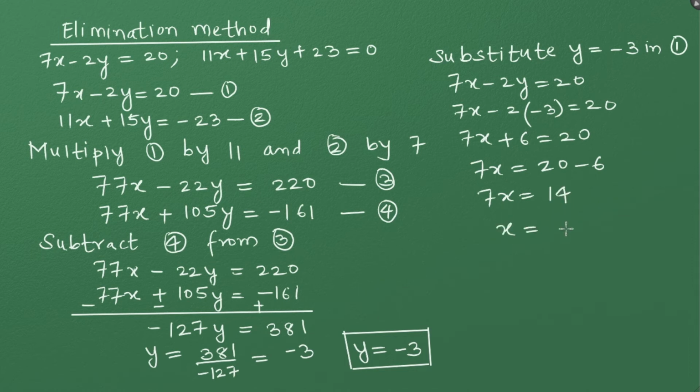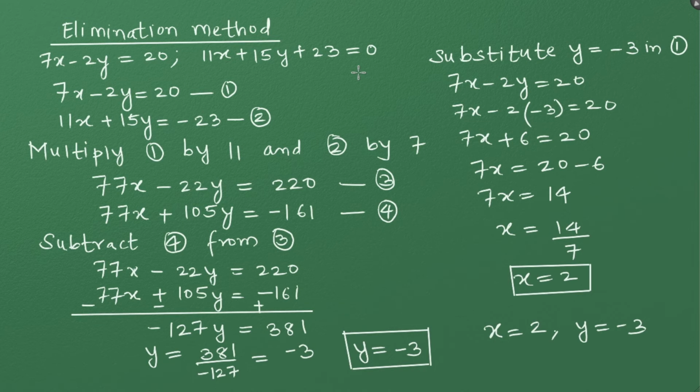The value of x obtained is 2. Hence x equals 2 and y equals minus 3 is the solution of this given equation. So this is how the value of x and y is calculated with the help of elimination method.